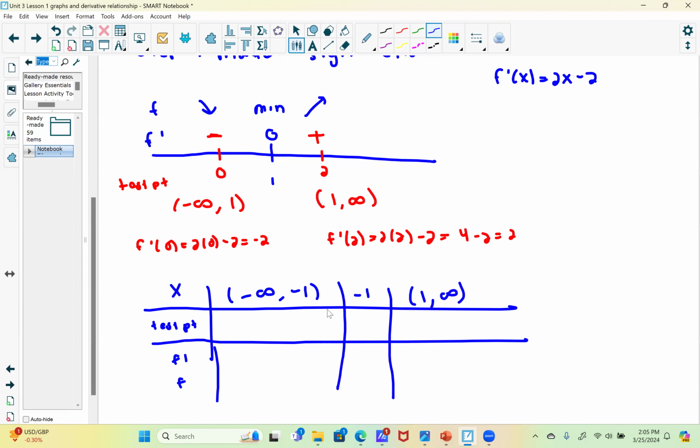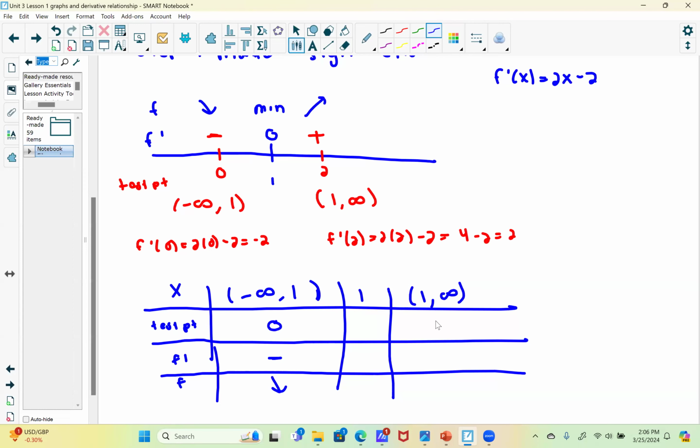Okay, my test point, I pick something in this interval. So I'm going to pick 0. Then I find f prime of 0, which I did up here, which is -2. So it's negative and my function is decreasing.